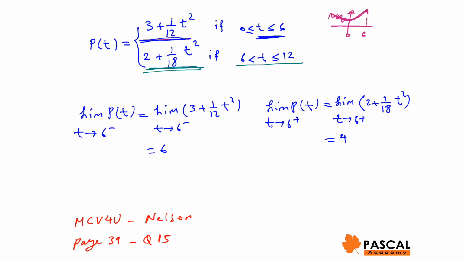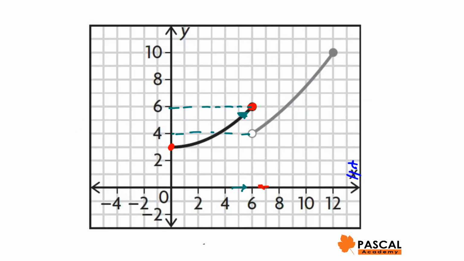Therefore, 6,000 minus 4,000, 2,000 fish were killed. Notice that it is a negative jump. That means the left side limit is greater than the right side limit.